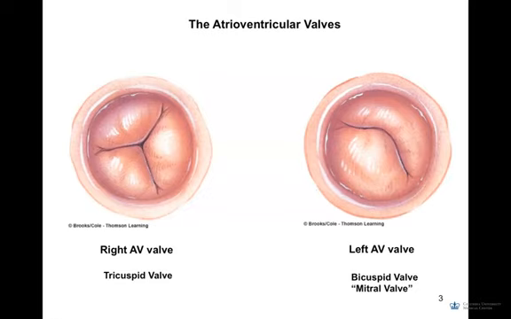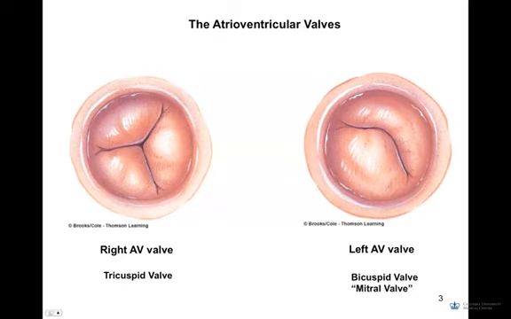That's the only place in the heart where you're not going to find valves. Heart valves are very strong structures that are designed to ensure that blood flows in a single direction and does not flow back in the opposite direction.